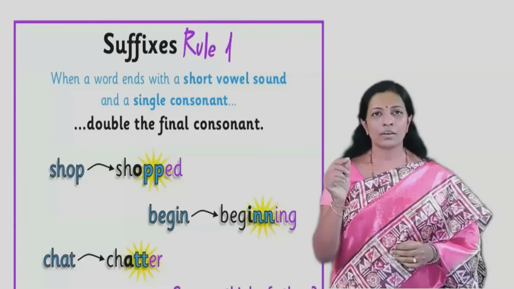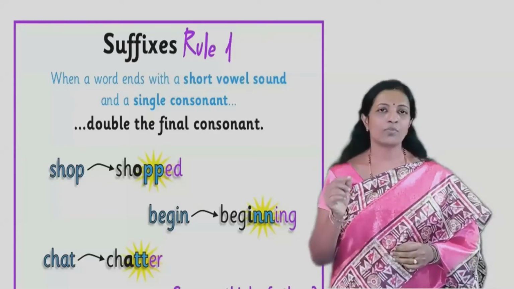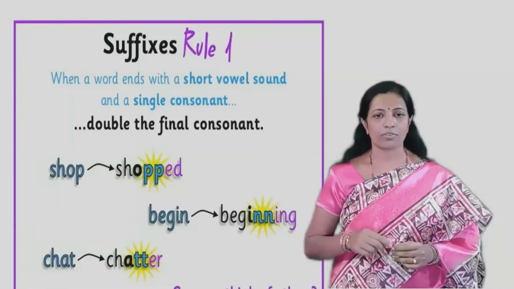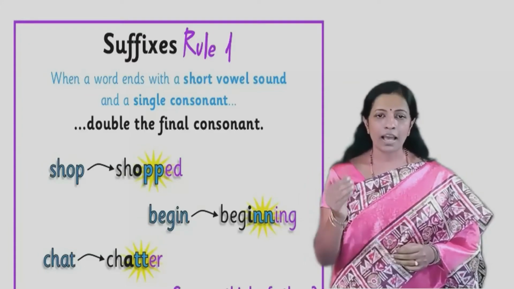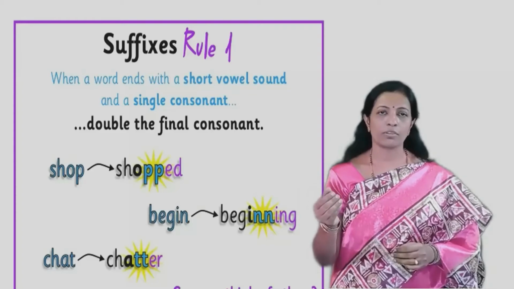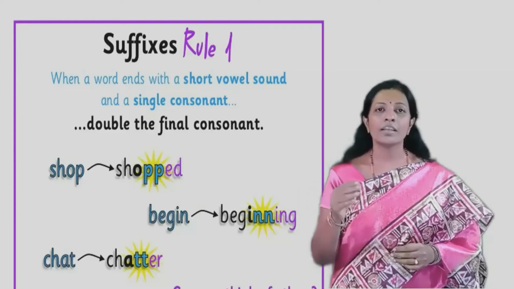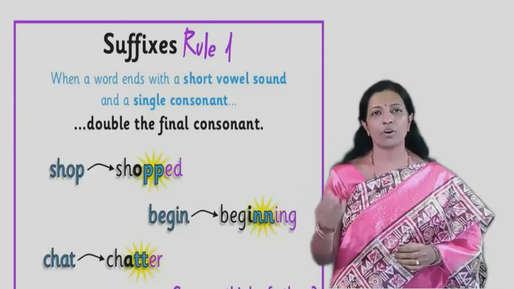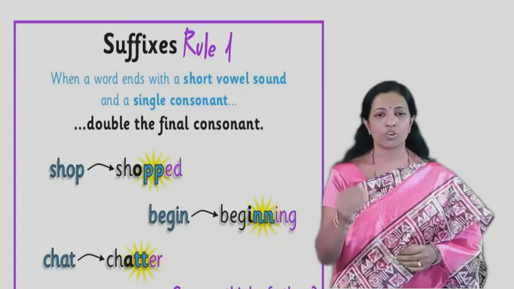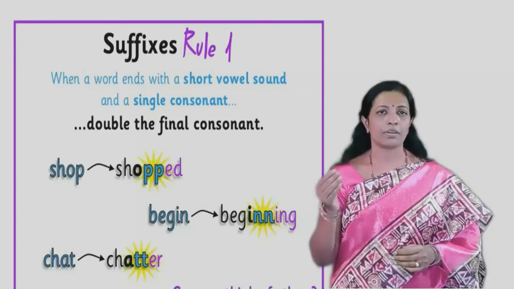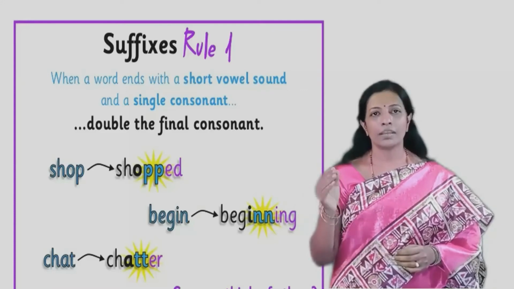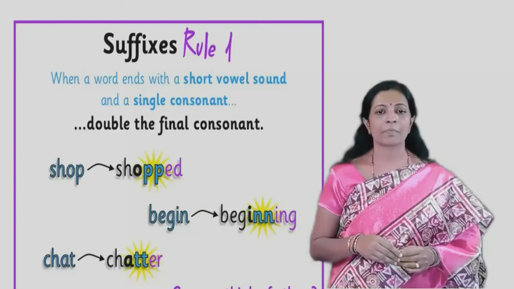So when a root word ends with a vowel and a consonant, then after adding the suffix, the last consonant letter should be doubled when you form the new word. So shop plus ed becomes shopped, where the letter P is repeated twice.